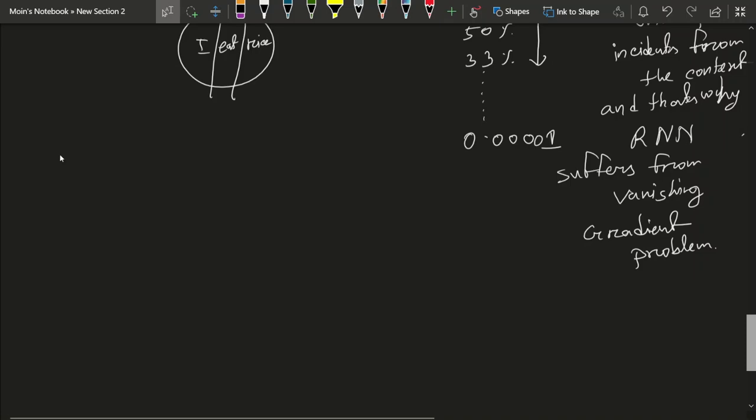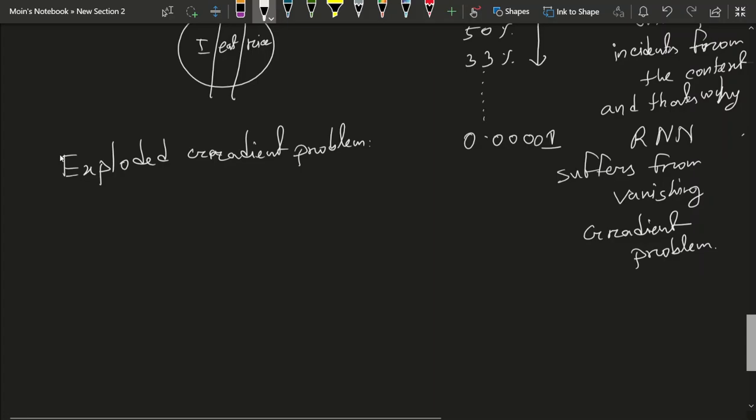Not only the vanishing gradient problem, it also suffers from another problem which is called the exploding gradient problem. The exploding gradient problem is similar to the vanishing gradient problem, just the gradients get bigger and bigger, which impacts the weight update rules and the weight update gets oscillated.